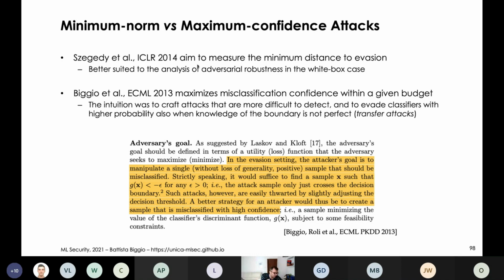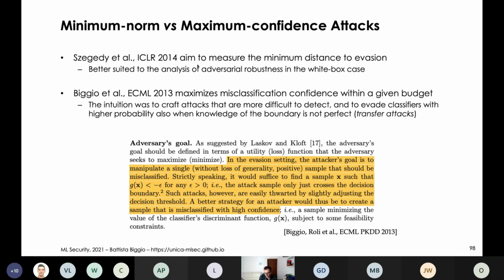This is very interesting if you want to study the robustness of a classifier. You're given one model in a white-box setting, and you may want to see how far the boundary is from the actual samples. But it's less useful in a security-oriented setting where the goal is to evade the system.